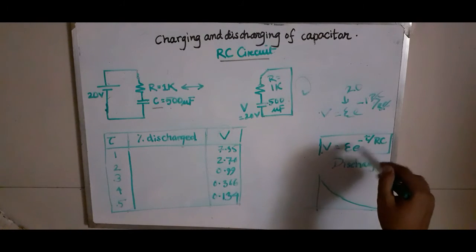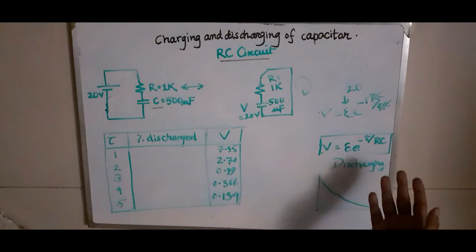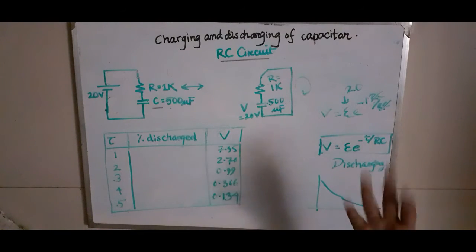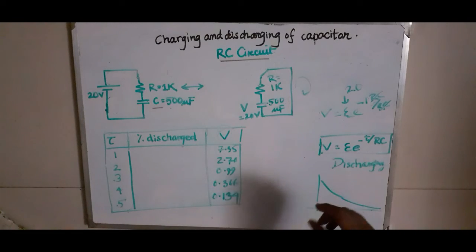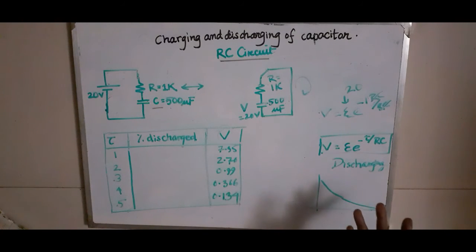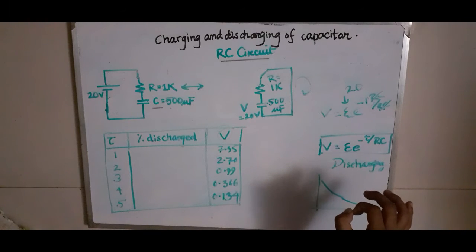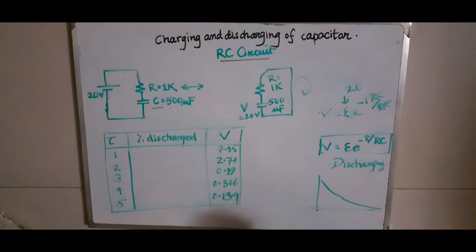So we have e to the power minus 2 multiplied with E. E in this case is the initial voltage of the capacitor, or alternatively the voltage of the battery. No battery is connected, but you can assume the initial voltage of the capacitor is the voltage that was transferred to it.